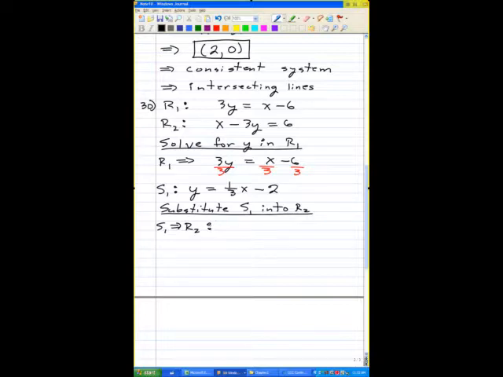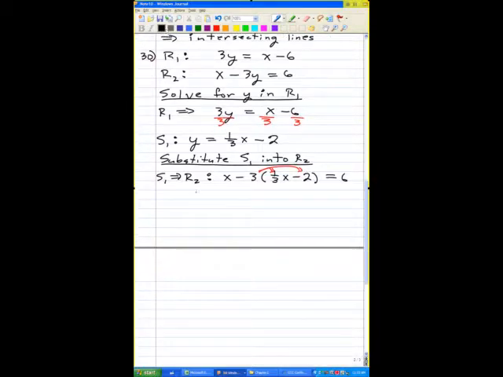And so I have here, wherever I see a y, I'll replace y by 1/3 x minus 2. And so now, let me multiply 3 inside the parentheses. So I get here x. 3 divided by 3 is 1, times x is x. Negative times negative is positive. 3 times 2 is 6, equals 6.